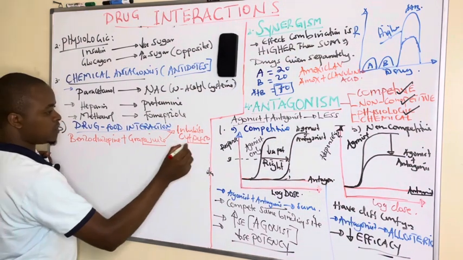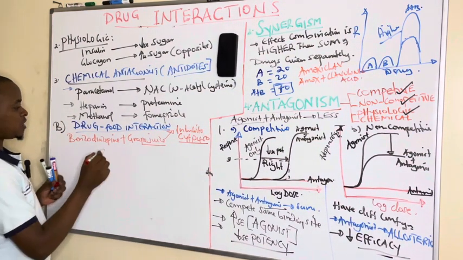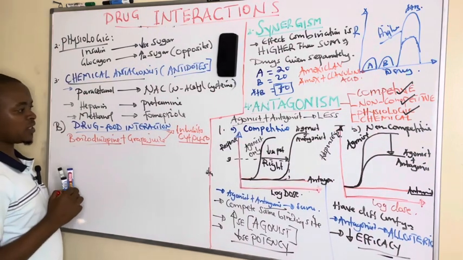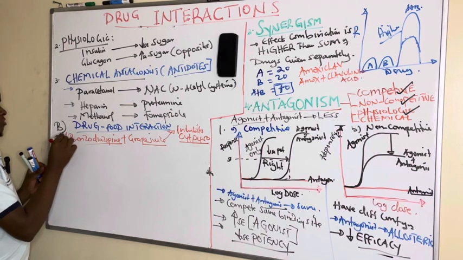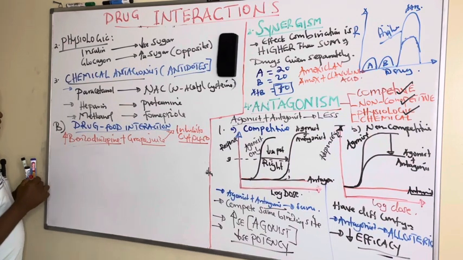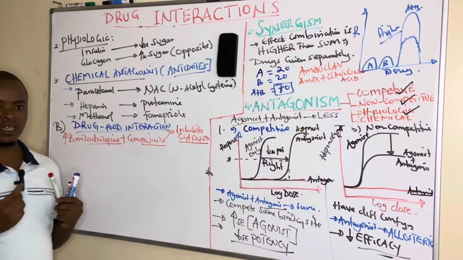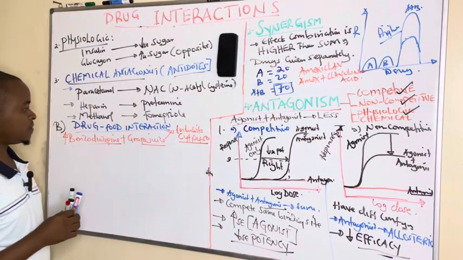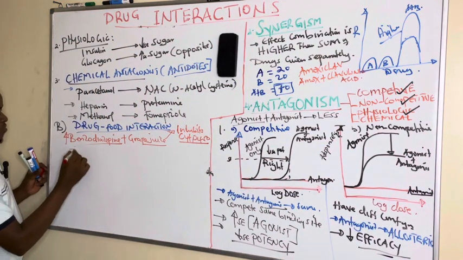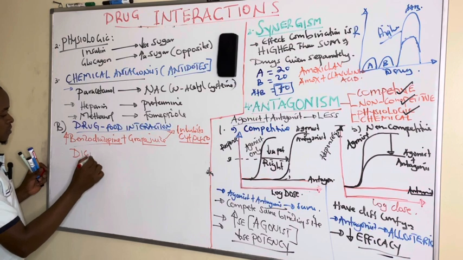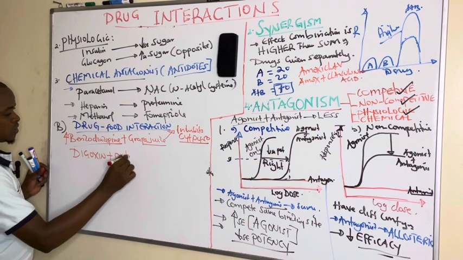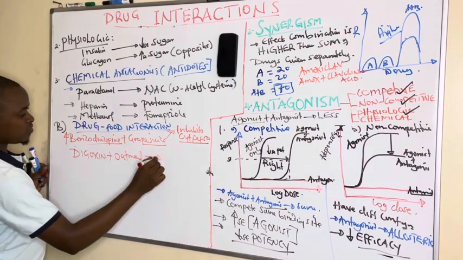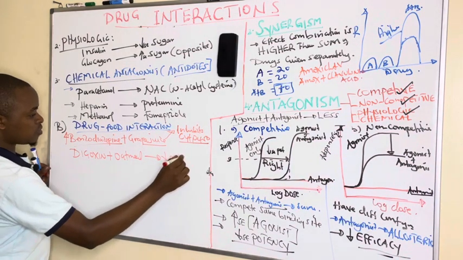When it inhibits these isoenzymes, which are responsible for metabolism of benzodiazepine, benzodiazepine is going to increase in blood concentration, bringing about a toxic effect. And another combination is when you combine digoxin with oatmeal. This oatmeal will decrease its absorption.